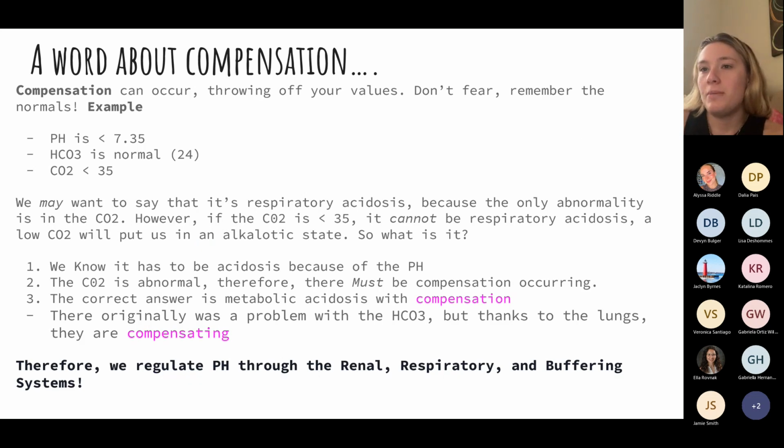Compensation can also occur, which can be a little bit tricky, but I just want you to know what makes sense. I have this example here if you'd like to go through it another time, but just really know that our bodies will try to compensate.